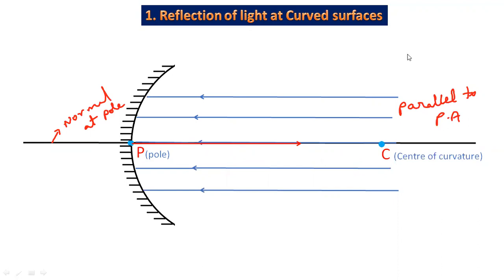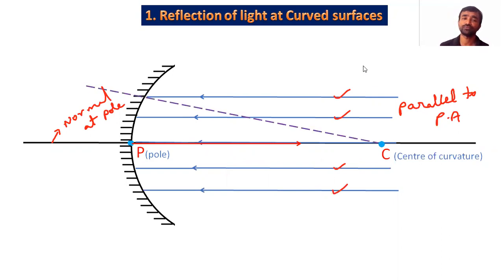Then for the remaining rays, for these rays, I'm going to show you the normals, right? So here I completed a reflected light ray. How? By measuring the angle of incidence for the first ray, and I will measure the angle of reflection R1 for the first ray.